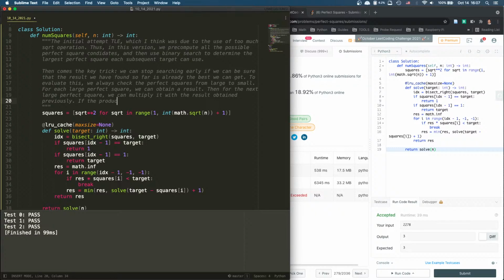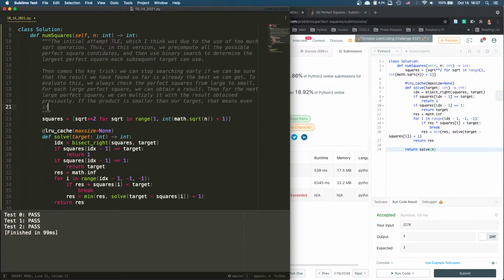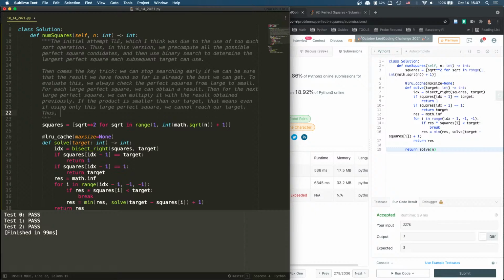If the product is smaller than our target, that means even using only this large perfect square, we cannot reach our target. Thus, any further search is futile, right?